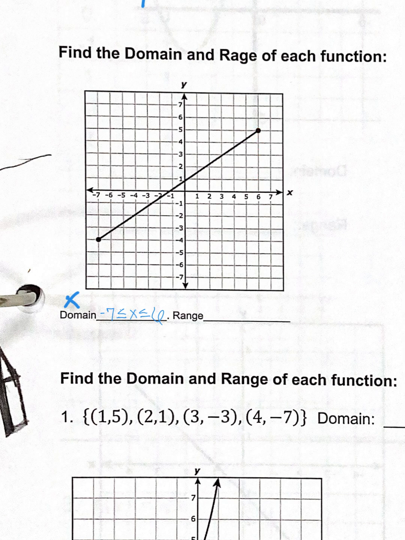Let's go ahead and try the range now. For our range, we will be looking at all the y values, the y-axis. As it says, we start from the bottom and work our way up, and we can see our y value for this graph starts right here where y is -4. So we write -4 is less than or equal to y, again because there's that solid point, which is less than or equal to 5.